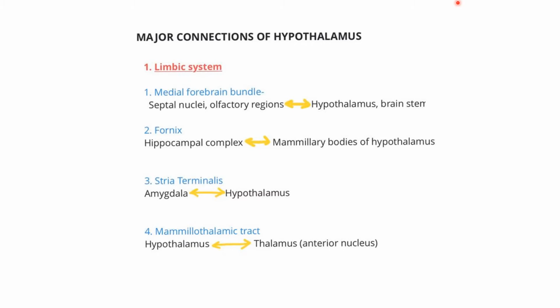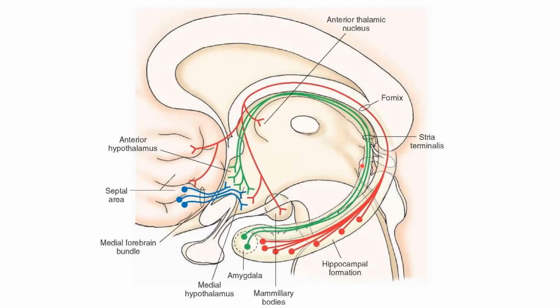So the mammillary bodies directly or indirectly connect with the amygdala, hippocampus, and thalami. It also connects to the anterior thalamic nucleus, and that's the mammillothalamic tract. And it's important for spatial memory.